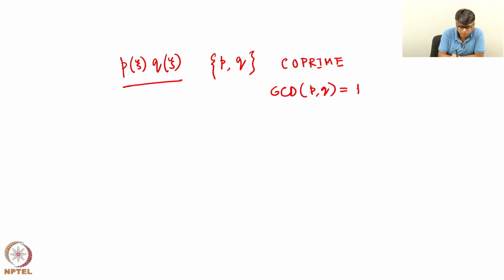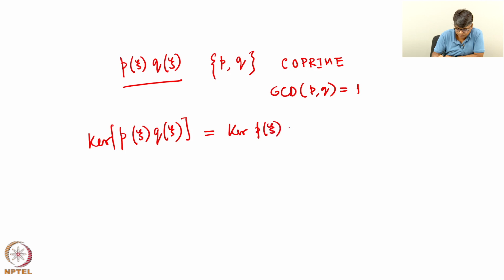In that scenario, if you look at this product, the claim is as follows: the kernel of the product p(xi)q(xi) is the kernel of p(xi) direct sum the kernel of q(xi). It's fantastic, right?